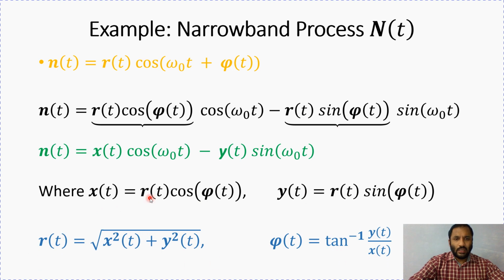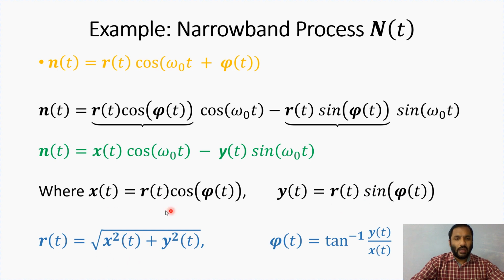If you square both sides of these equations and sum them together, I have x square of t plus y square of t is equal to r square of t times sine square phi of t plus cosine square phi of t. Sine square plus cosine square of phi of t is equal to 1. Therefore, I can write r square of t is equal to x square of t plus y square of t, or in other words, in this form of equation.